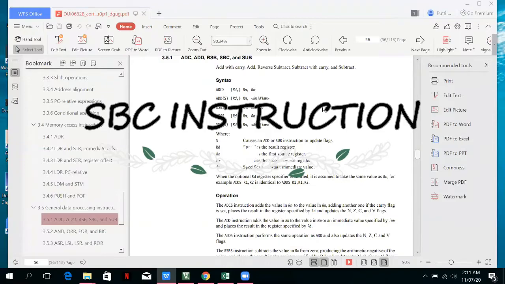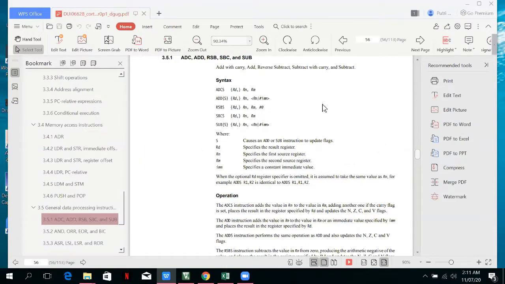Assalamualaikum warahmatullahi wabarakatuh. Next, I will explain about SBCS. SBC is subtract with carry. For the syntax, we must put the S in Keil to update the PSR, and the destination register is mandatory.